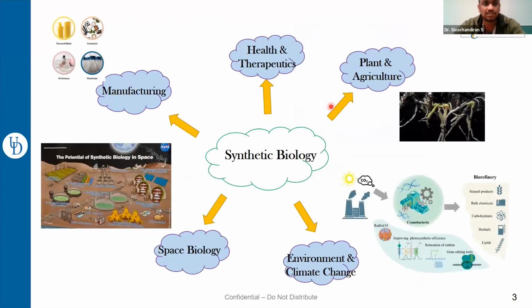Here is a small schematic diagram of where the synbio field can be applied right now. It's applied largely in biomanufacturing, since we all know that climate change is real. It's no longer fake news, and it's been going on for so long.